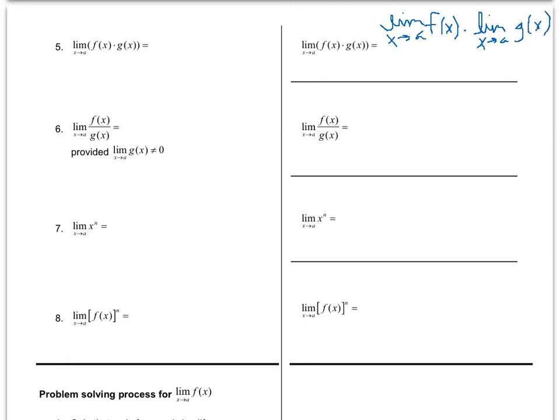Limit theorem number 6 works the exact same way, except you'll see over here I've pointed out that you have to make sure the limit as x approaches a of g of x does not equal 0. If it does, you're ending up with a 0 in the denominator, and that means that you won't be able to find the overall limit because you're trying to divide by 0. We're going to get into division by 0 in a later section.